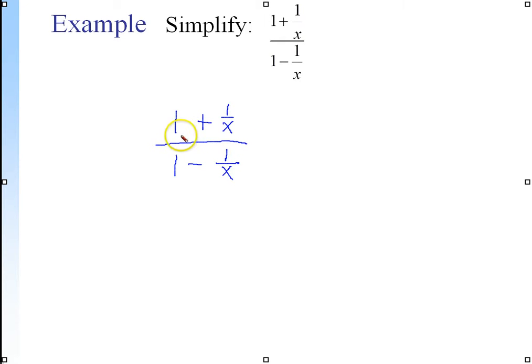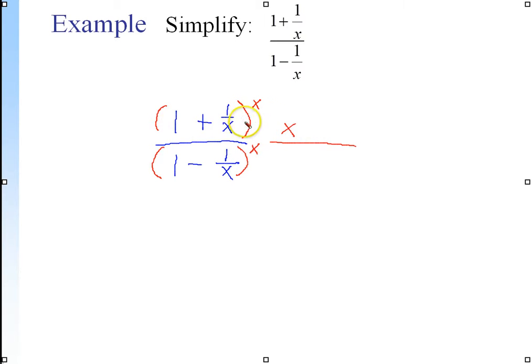So we'll use the method we just went over. Put a parenthesis there. And what's our common denominator? Well, x. So 1 times x is x.